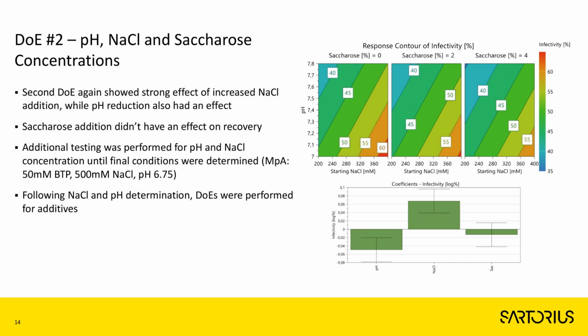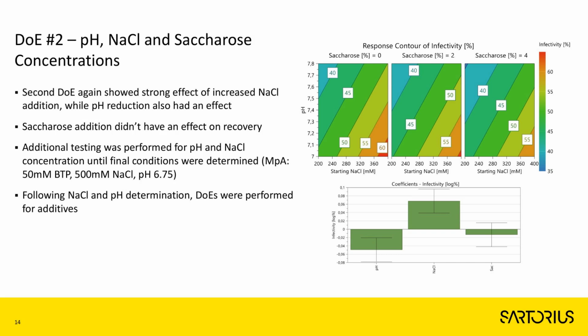And if we look at the contour plots, what we can observe is that the best recoveries were again achieved at the highest level of NaCl, while the pH has to be the lowest. So lowest pH, highest NaCl was the best recovery, while the effect of the saccharose didn't seem to be significant.